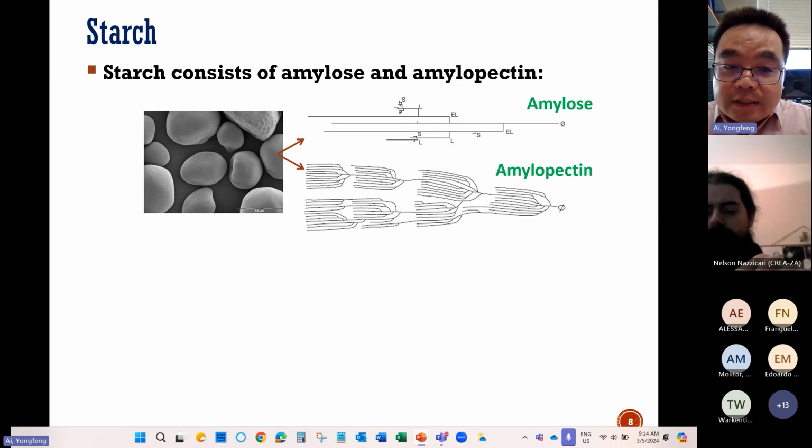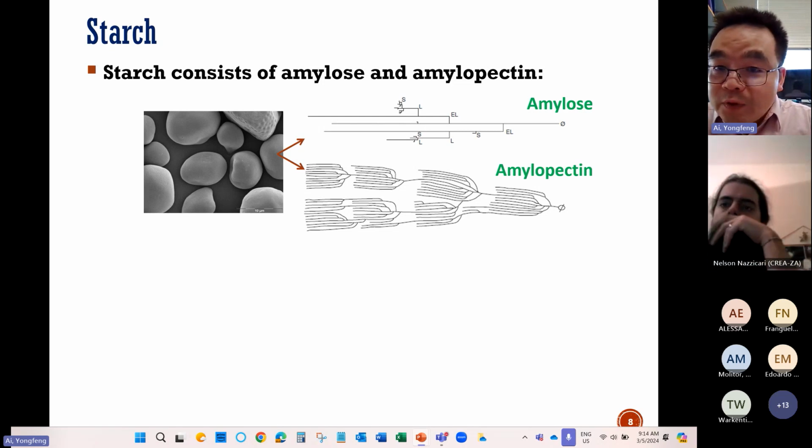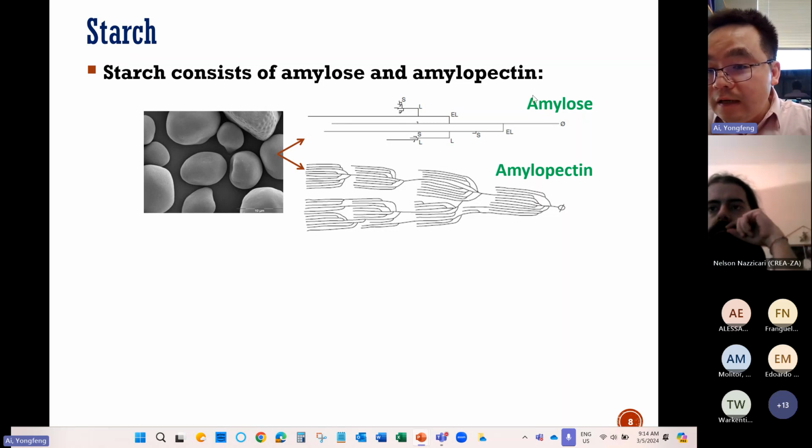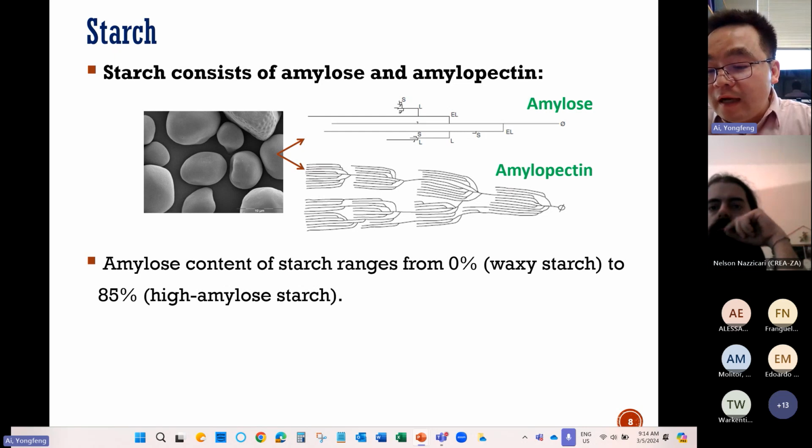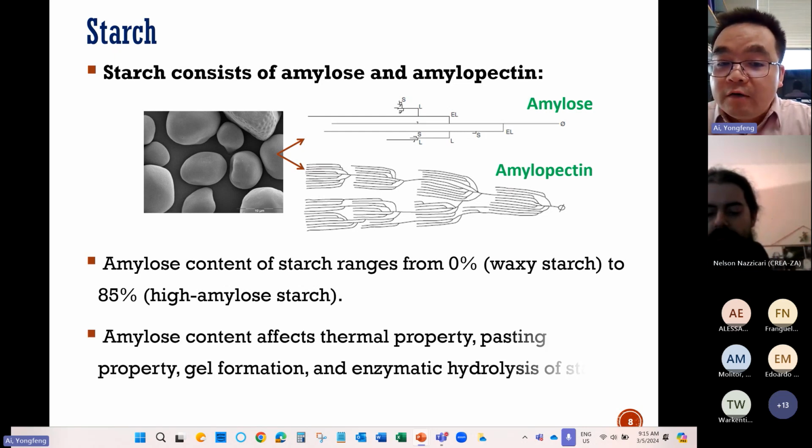It is known that starch is a biopolymer of amylose and amylopectin. You can see on this slide, the starch is present in granular form in nature. And the starch consists of the essentially linear amylose, and then the highly branched amylopectin, as you can see on the slide. Because of the different structures of the 2 molecules, the amylose content really affects the functional property and the nutritional value of starch.